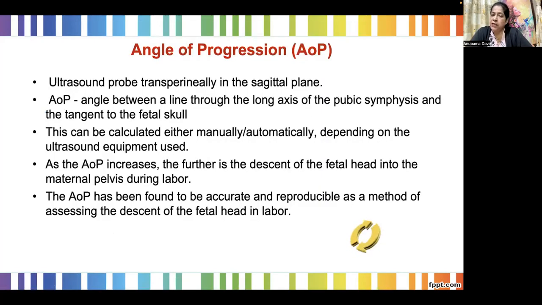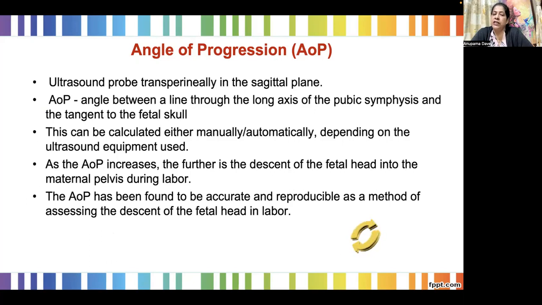Now the third measurement to be taken is the angle of progression. The ultrasound probe is placed transperineally in the sagittal plane. Angle of progression is the angle between a line through the long axis of pubic symphysis and the tangent to the fetal skull. This can be calculated either manually or automatically through the machine, depending on the type of machine used.